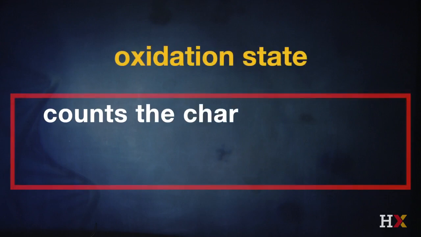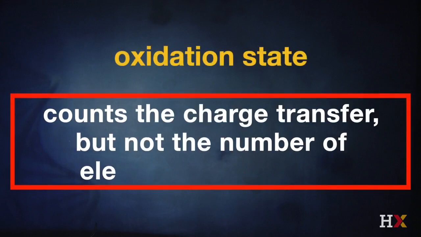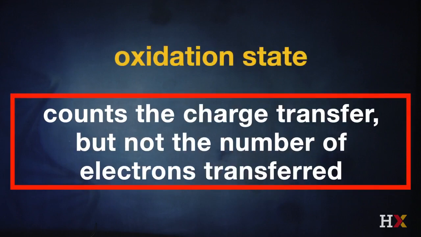But the oxidation state refers to the charge, the change in the charge. So carbon has lost 2 electrons, so its oxidation state is +2. Oxygen has gained 2 electrons, so its oxidation state is -2. But it's always important to keep track of the fact that this counts the charge transfer. It does not count the number of electrons transferred.